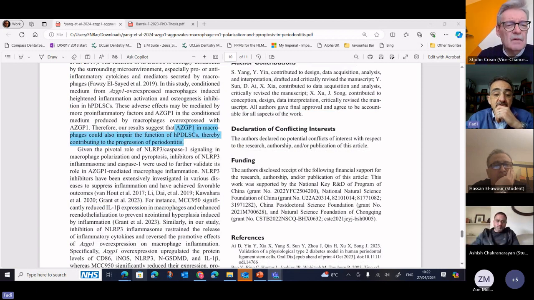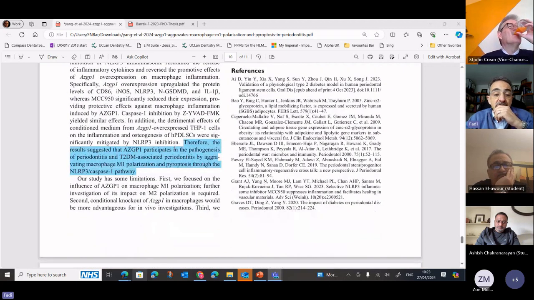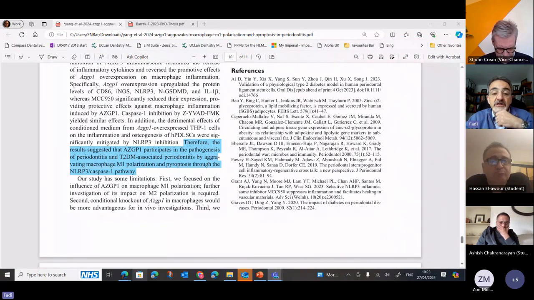So glycoprotein type 2 macrophages could also impair the function of human periodontal ligament stem cells, thereby contributing to the progression of periodontal disease. So the conclusion was, the results suggested that alpha-glycoprotein 1 participates in the pathogenesis of periodontitis and type 2 diabetes mellitus associated periodontitis by aggravating the M1 polarization.